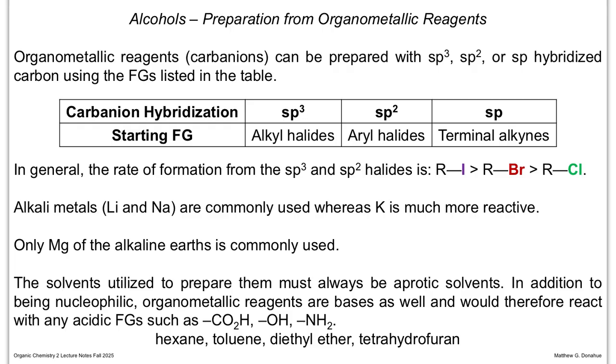So depending upon what we want to make, whether it's sp3, sp2, or sp, the starting functional group is shown in that second row. So alkyl halides, aryl, that means there's an aromatic ring and one of the carbons is negatively charged.